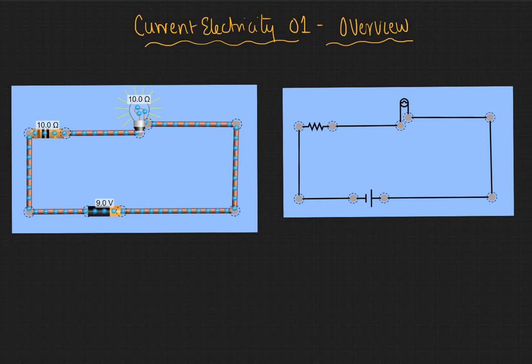First let's look at these wires, which are called conductors. The key thing about a conductor is that it has free electrons in the valence shell.